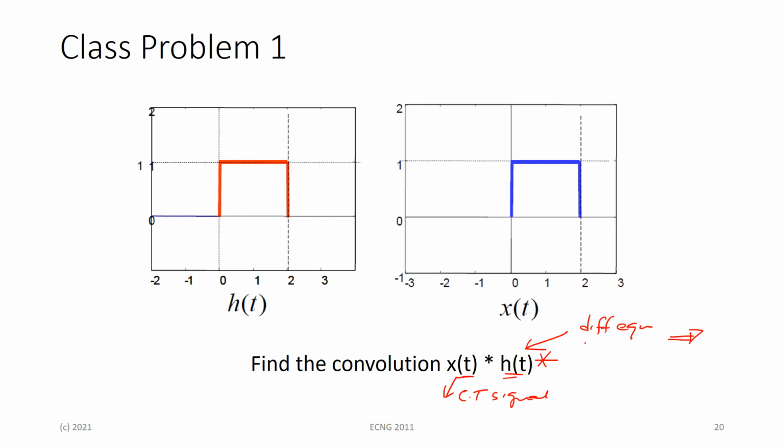What we did is that this is normally difficult to evaluate manually for situations other than simple signals and simple systems. So we came across another tool that allows us to examine that behavior in another domain where the convolution became a multiplication.